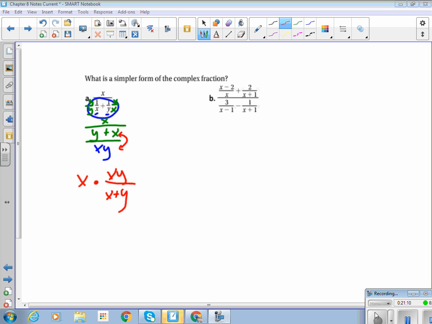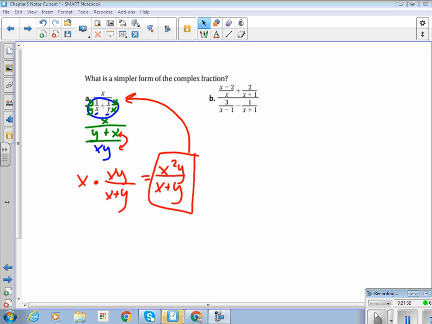Instead of x plus y being on the top, it is now on the bottom. I switched to x and y because I like things alphabetically. So this becomes x squared y over x plus y. And this is so much better than the crazy original one that we have.